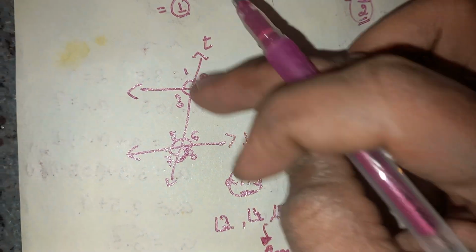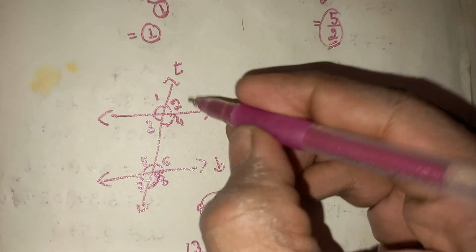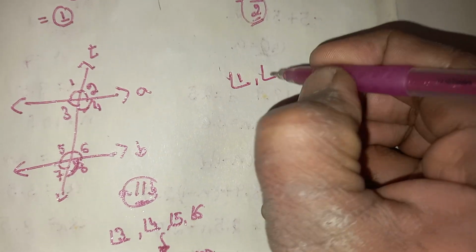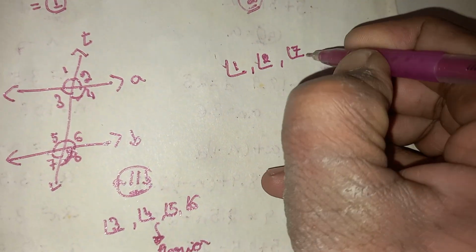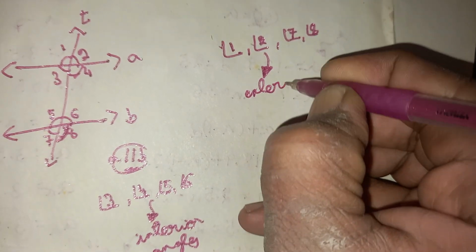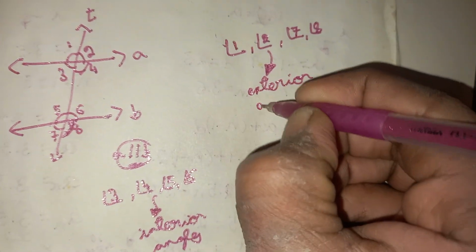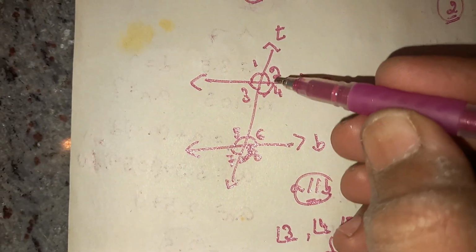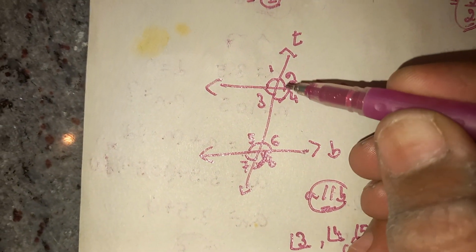These, 1, 2, 7, 8, are outside of this parallel line and this parallel line. Therefore 1, 2, 7 and 8 are known as exterior angles.